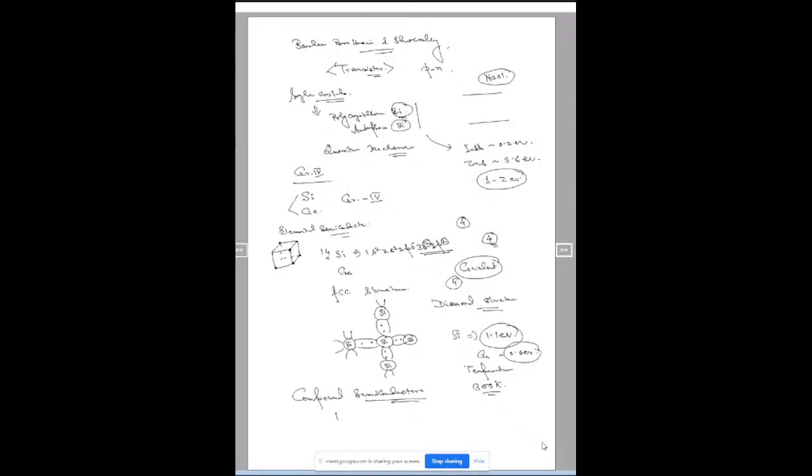So there are many forms of this. Say we can have an element from group 3, an element from group 5. So these are called 3,5 compounds. We can have 2,6 compound. So we can have a large number of semiconductors by combining elements from different groups, right?